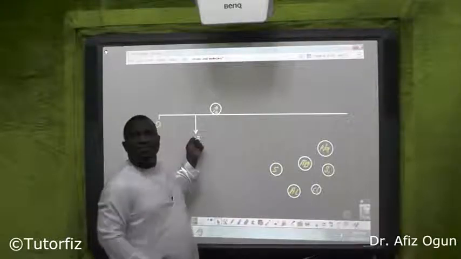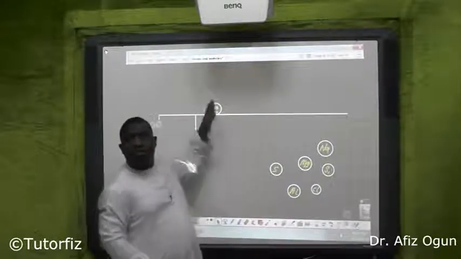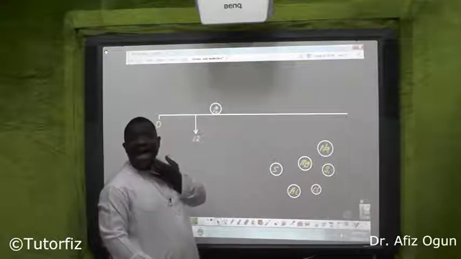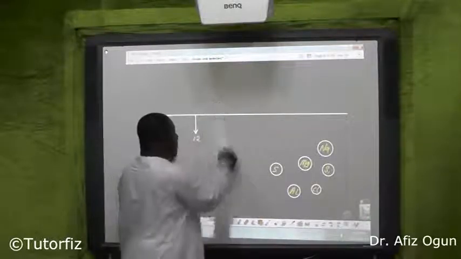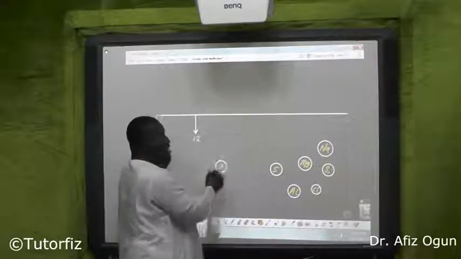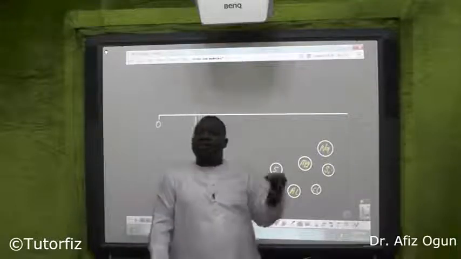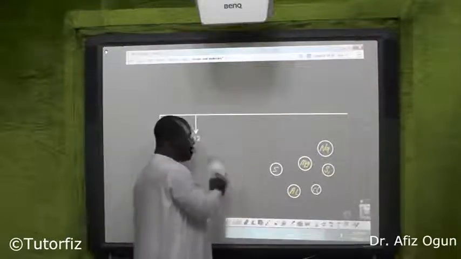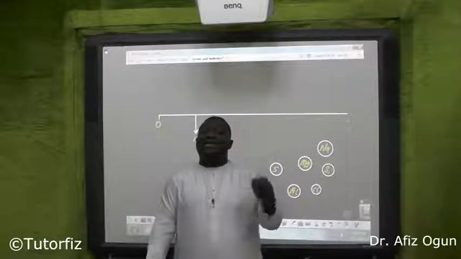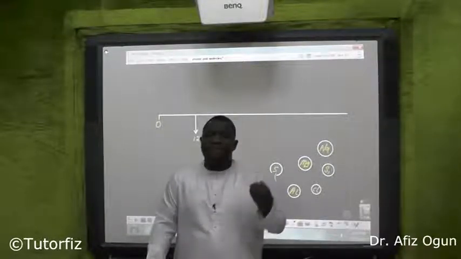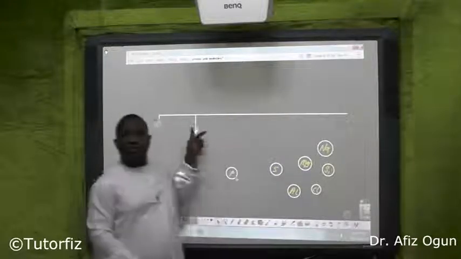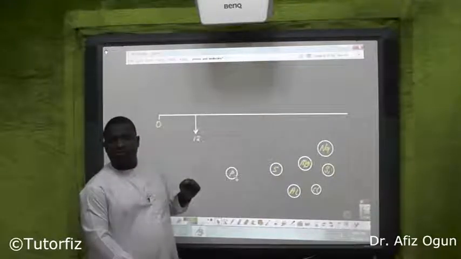Since I am comparing with this, the ratio of this to this, on a scale where this is 12, it is not just the mass of an atom of phosphorus again; it is now the relative mass of the atom of phosphorus, because I am comparing with carbon 12.